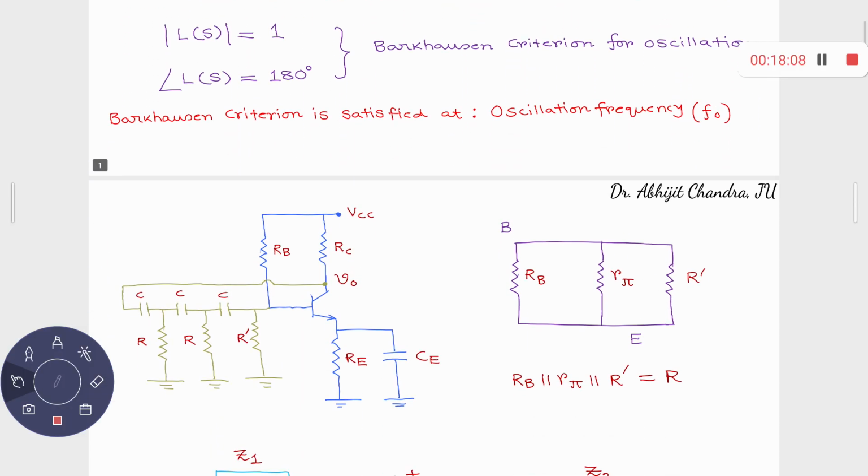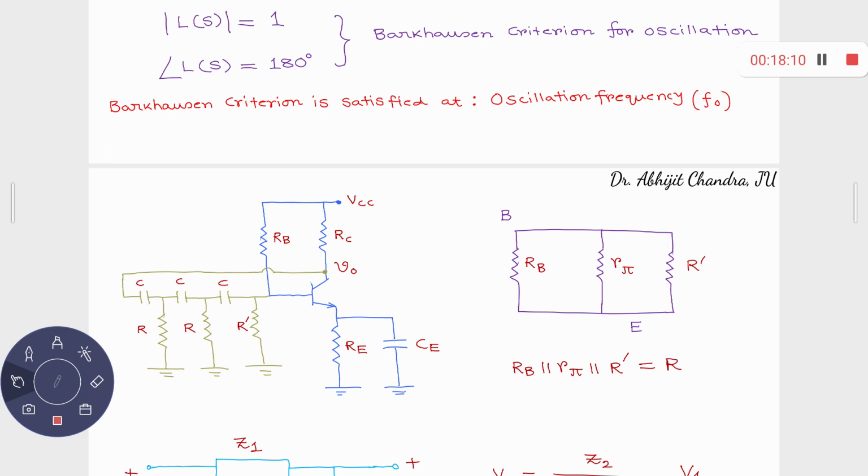Now, hopefully, this amplifier circuit is well known to you. I'm just marking this part. Well known, yes or no? Yes. What kind of amplifier is it?